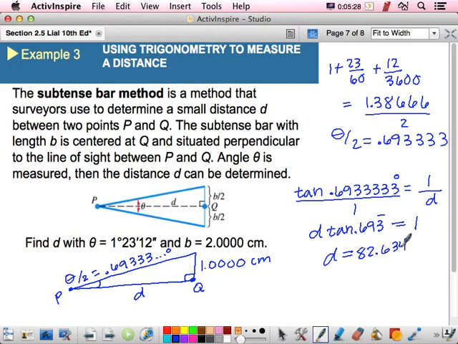Okay. How many significant digits do I go to from the given problem? Let's count. This is 1, 2, 3, 4, 5, and this one is 1, 2, 3, 4, 5, and you use the smallest, but they're the same, so we're going to go to 5. So that's going to give me 82.634 centimeters, which is much more exact than any tape measure could ever hope to do.